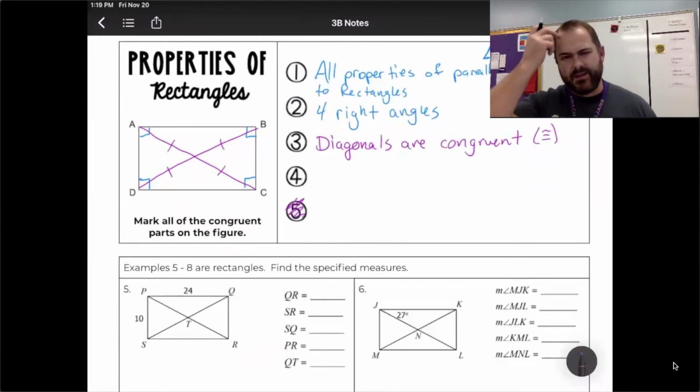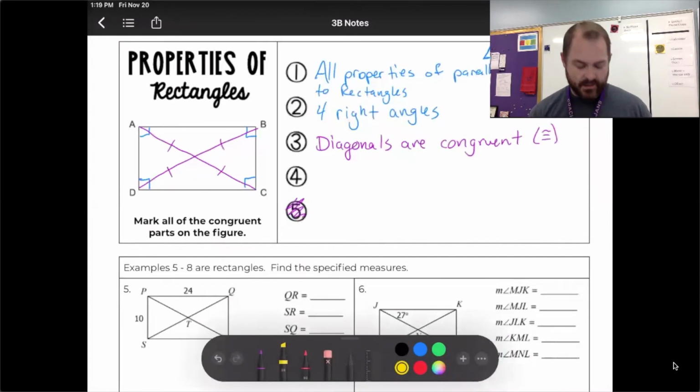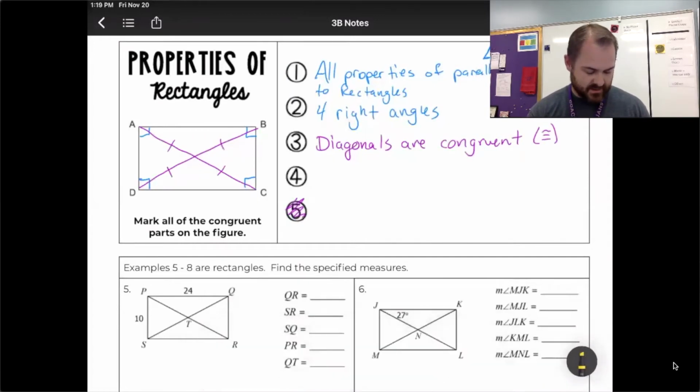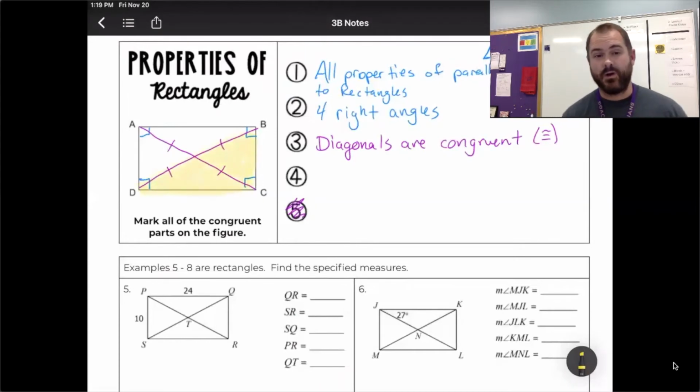There's another property that is actually a property of right triangles, but it's going to be very applicable, meaning it's going to apply to these rectangles. I want you to understand something. I'm going to highlight just one of these right triangles we get. Okay, you'll notice that one diagonal splits a rectangle into a right triangle.